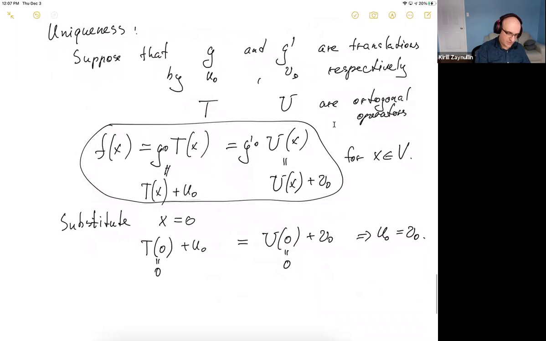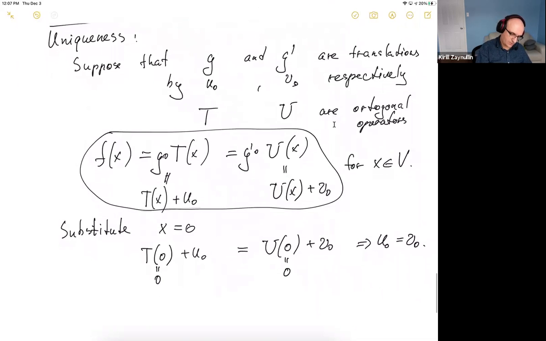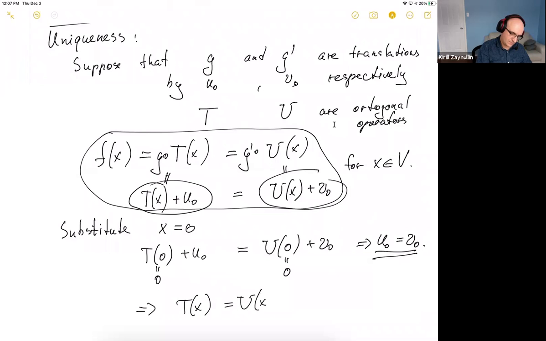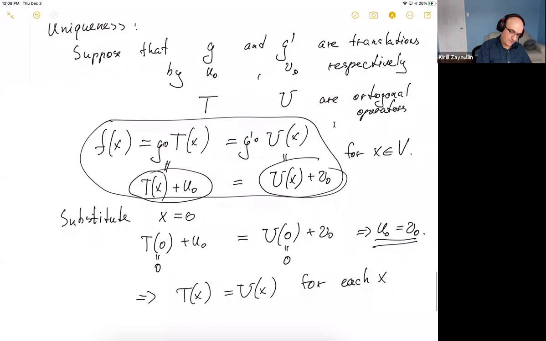But if the translation is the same, meaning that U0 is V0, then of course, since T of X plus U0 is the same as U of X plus V0, we conclude immediately that T of X is the same as U of X for each X. And that, of course, means that T is U. Then the orthogonal operators must also coincide, right?